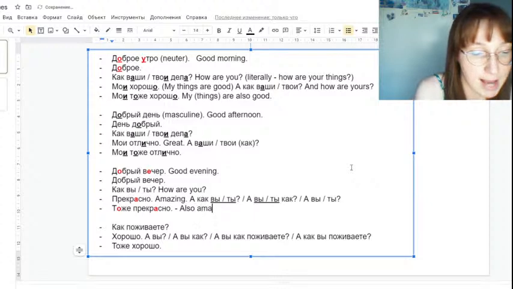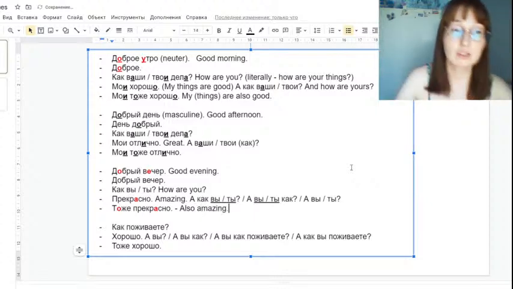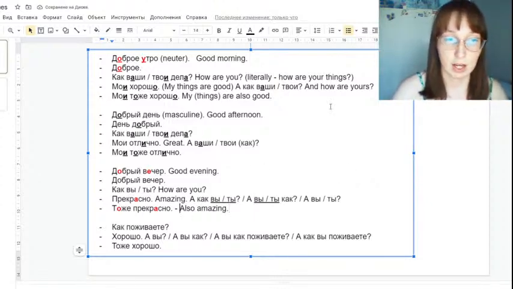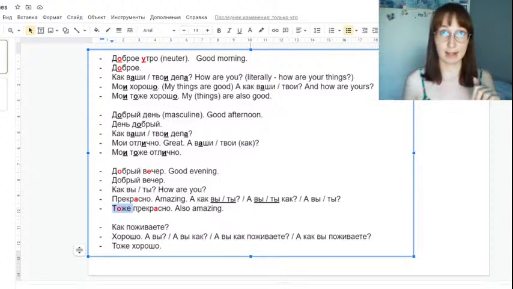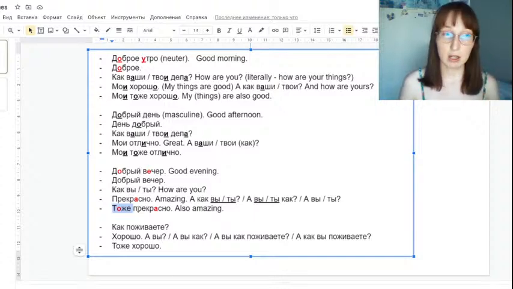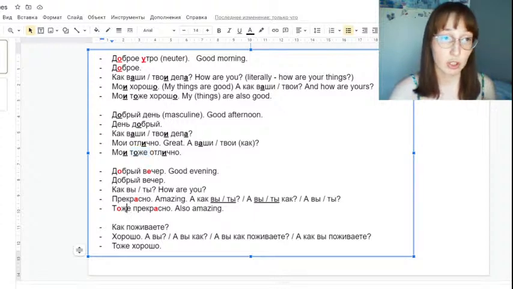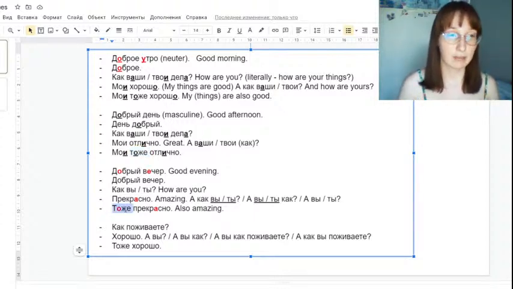Also amazing. Also amazing. You remember I told you we don't say тоже in the end like they do in English. We say it in the beginning or in the middle. Okay, don't put this word in the end.